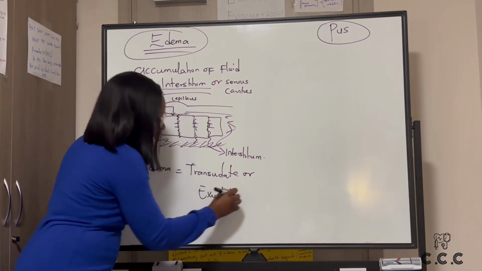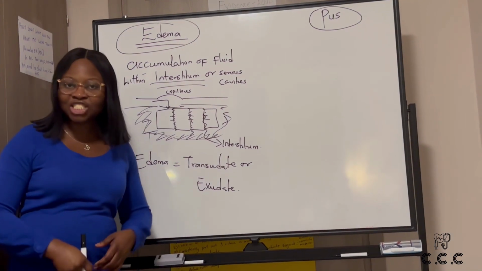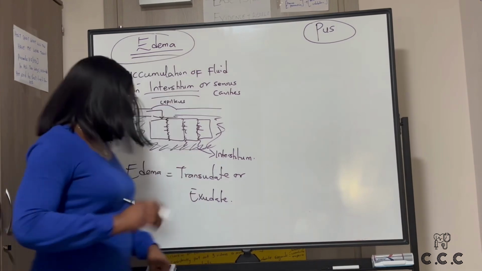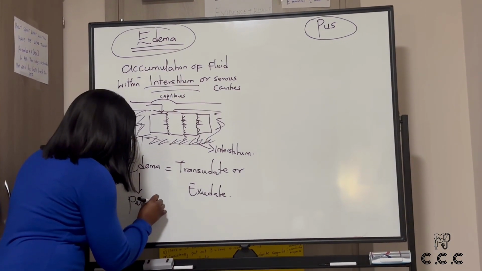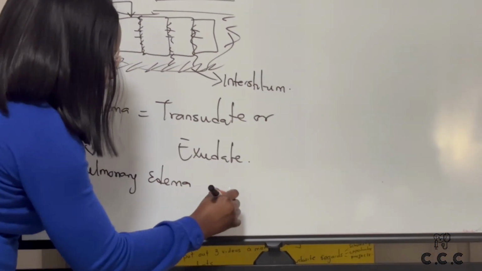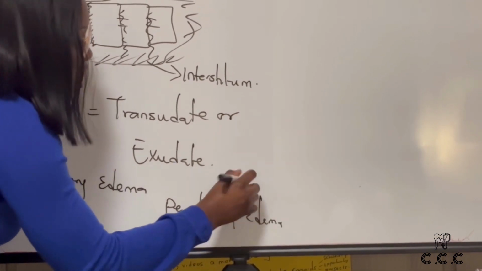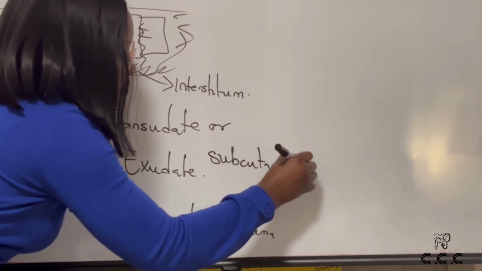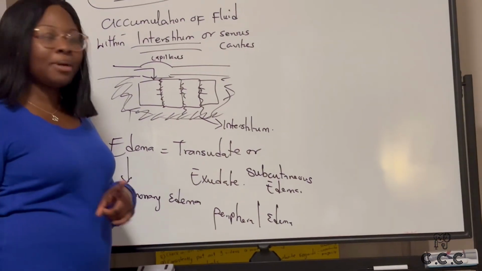Very important. And so you can hear someone say there's a pulmonary edema occurring in this patient, or a more common one is peripheral edema. So I'll write it first. We have pulmonary edemas, we have peripheral edemas, which can also be expressed in the form of subcutaneous edemas. Very interesting for us to remember.